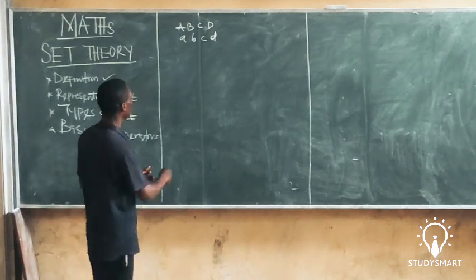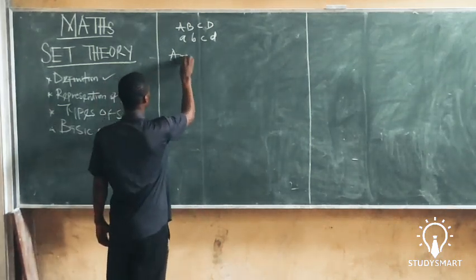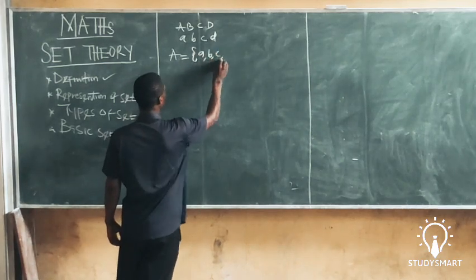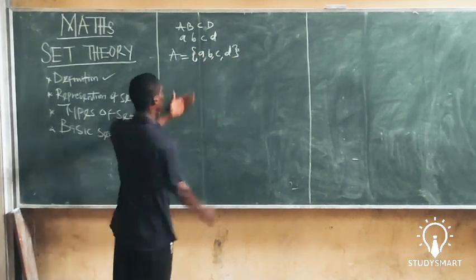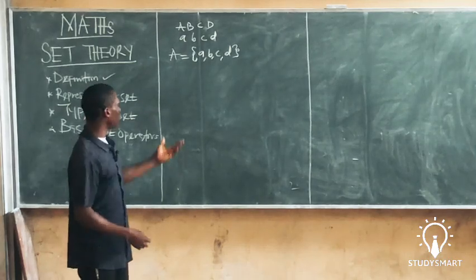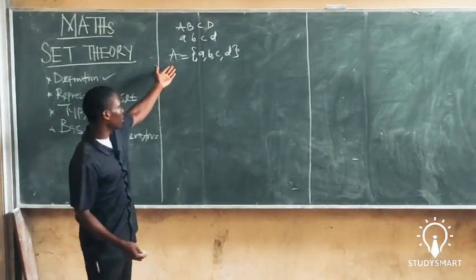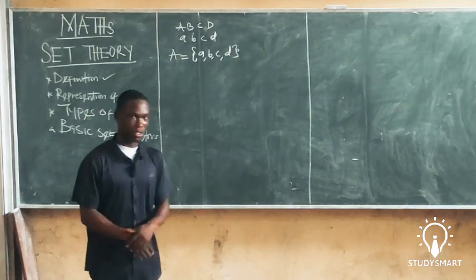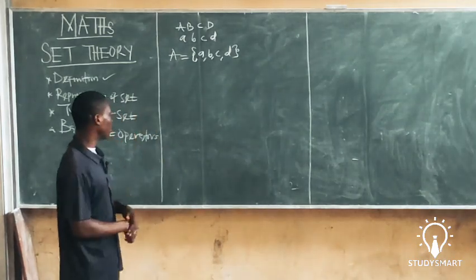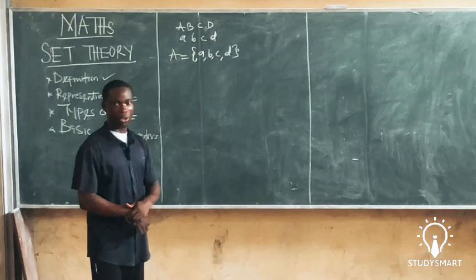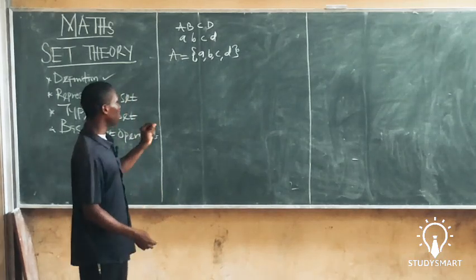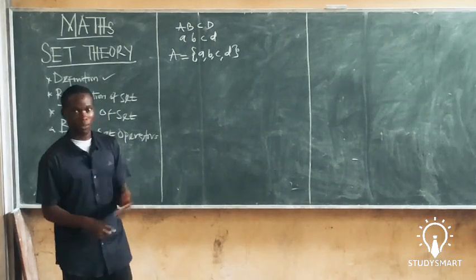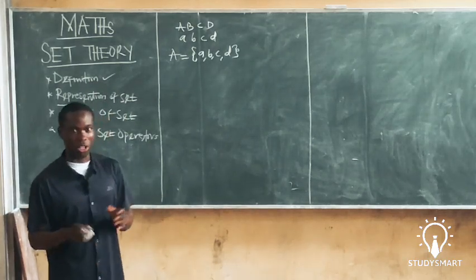For example, this is a very good example of a set, because this is the uppercase letter I was talking about, and these are the various lowercase letters of the elements. And don't forget, the acceptable way of enclosing a set is by using what we call a curly bracket.